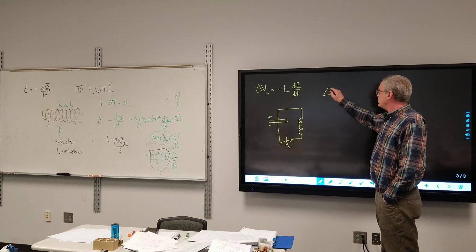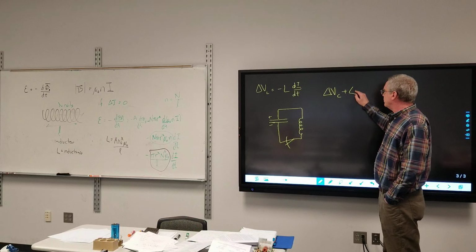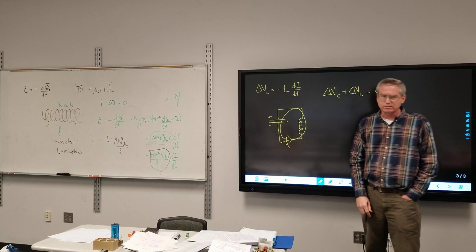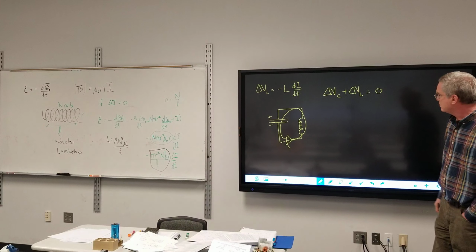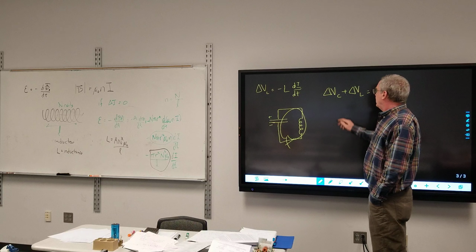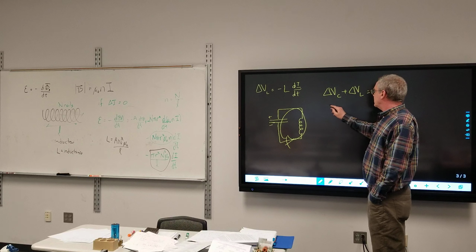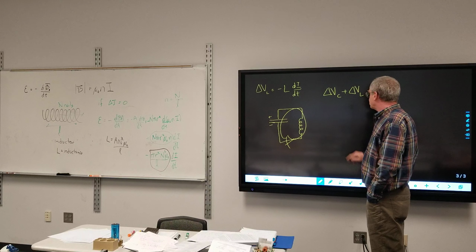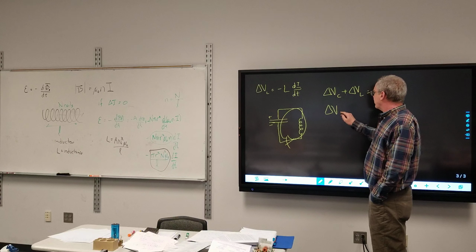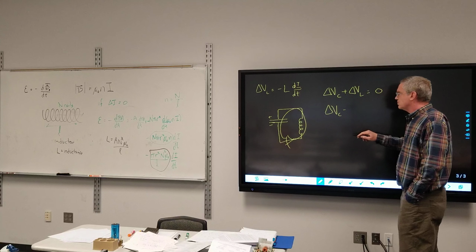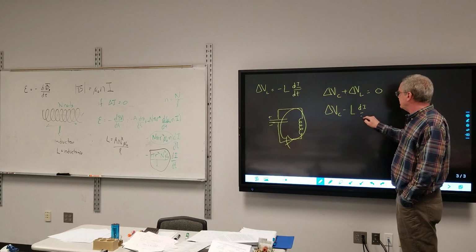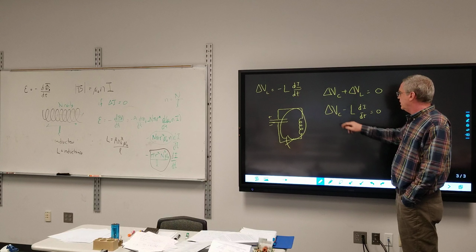So I know that the change in the voltage across the capacitor plus the change in the voltage across the inductor has got to be 0, as I go around the circuit. So this is the change in the voltage of the capacitor minus L di/dt is equal to 0.